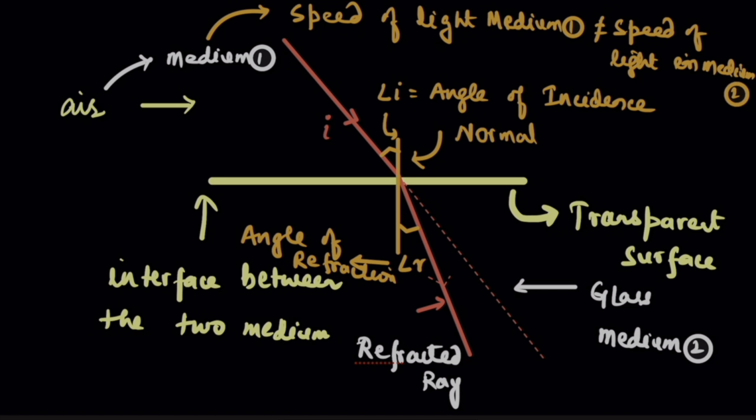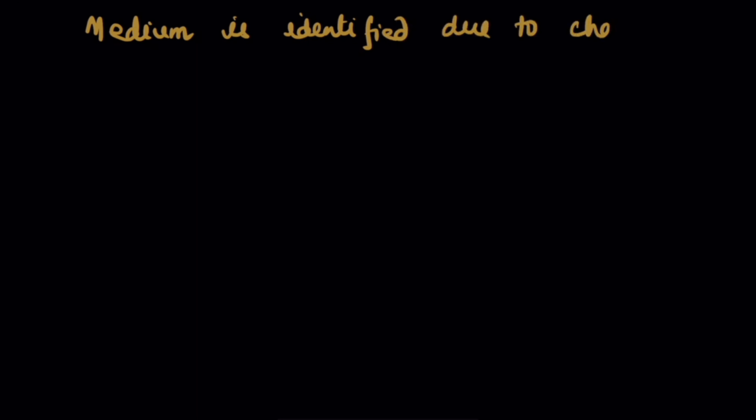It means that mediums are separated due to change in the speed of light. Medium is identified due to change in speed of light.